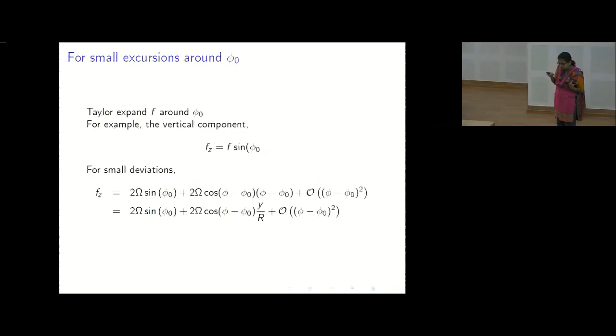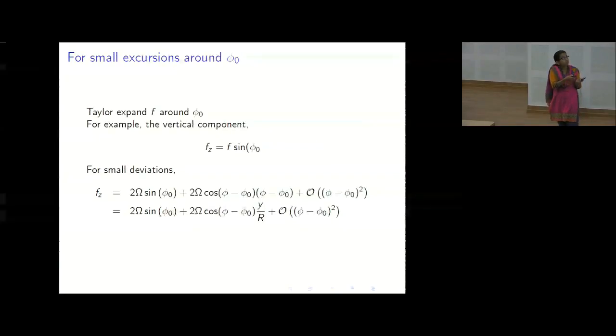Suppose you are considering some fluid element which is moving along, say, the meridional direction, then you want to consider small deviations around the latitude phi. For that you need to expand the component of the Coriolis force using a Taylor expansion.